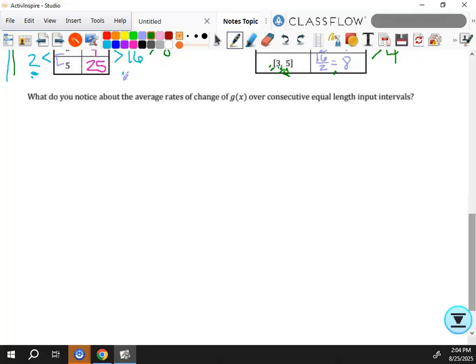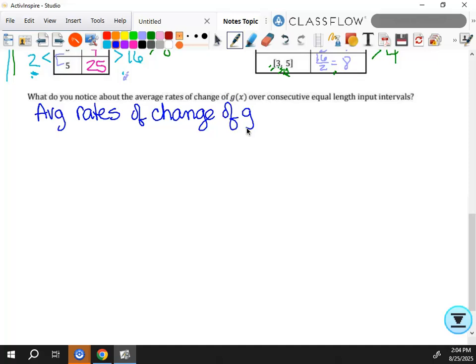Okay, so what we're going to say here, so it does say, what do you notice about the average rates of change over consecutive equal length input value intervals? So we noticed that they were changing at a constant rate of 4, really increasing. So we are going to say average rates of change of G. We got to say of who, okay?